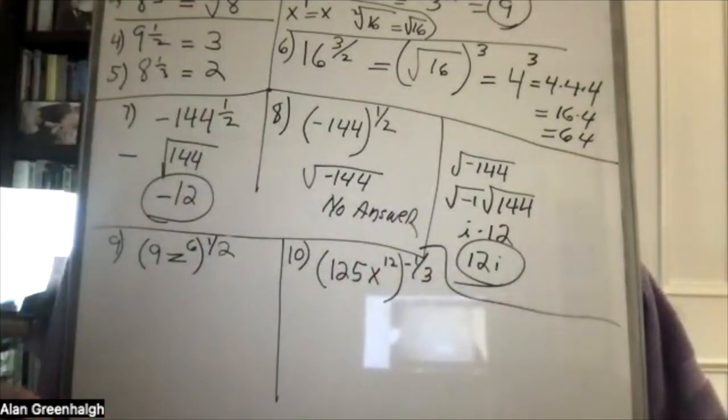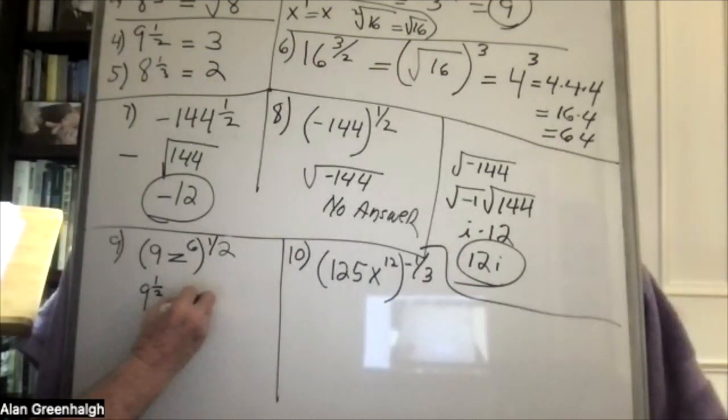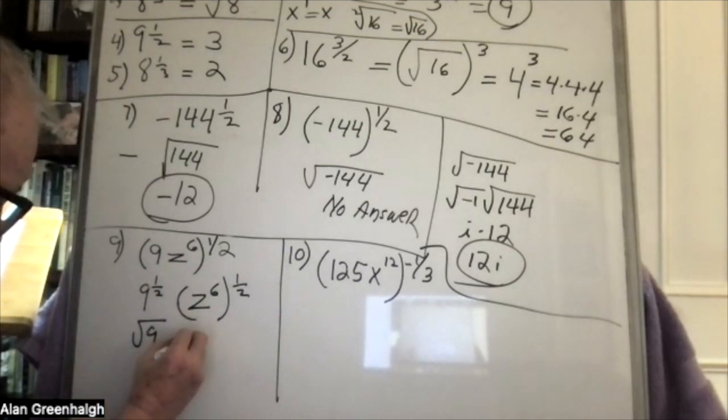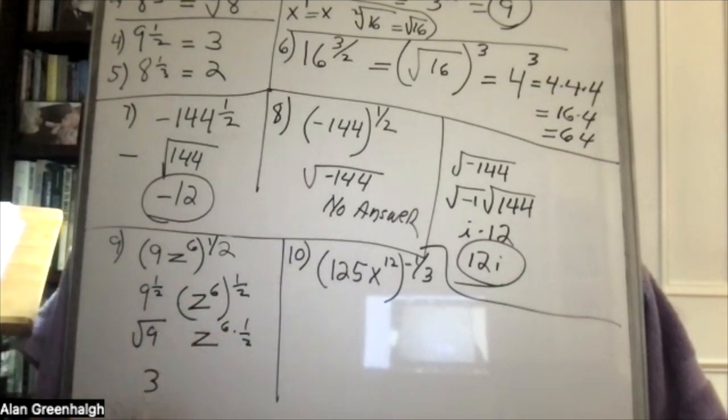These are our last two problems from this section. We're sort of running out of time, so I have to kind of move ahead. This is equal to 9 to the 1/2 times z to the 6th to the 1/2. This is the square root of 9, which equals 3, right? And this one is z to the 6 times 1/2. 1/2 of 6 is 3.